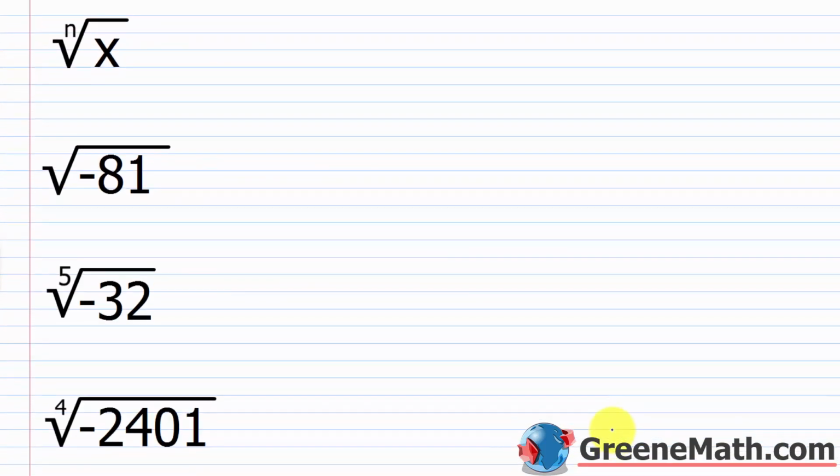All right, so let's talk a little bit about what happens when you work with variables. It's very important to understand that we can't take the square root or the fourth root or, again, an even root of a negative number. So when you work with variables, you don't know what the variable represents. So you have to be cautious. So if I have the nth root of x, I have to say that, okay, I can't plug in a negative value if n is even, right?